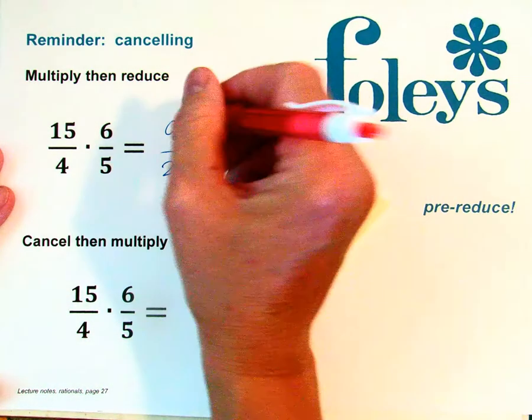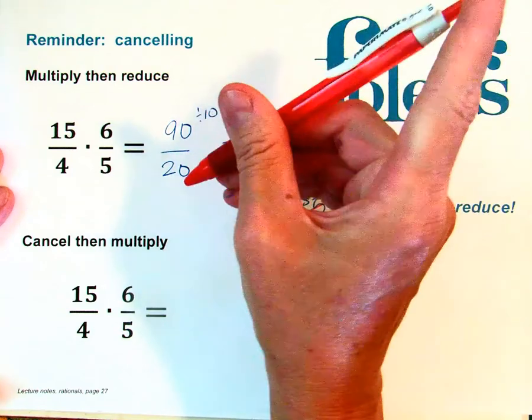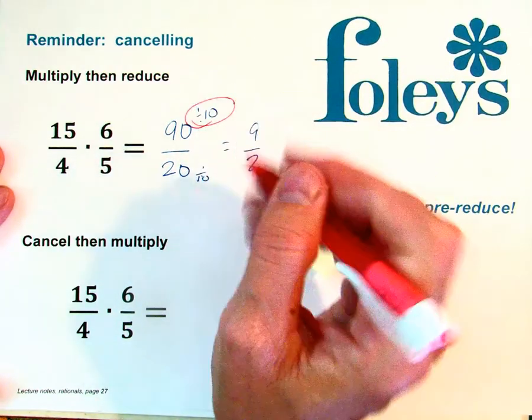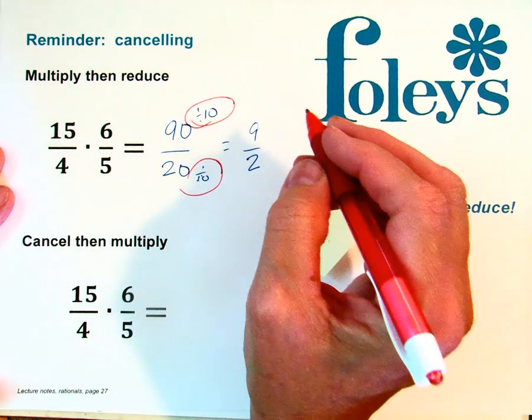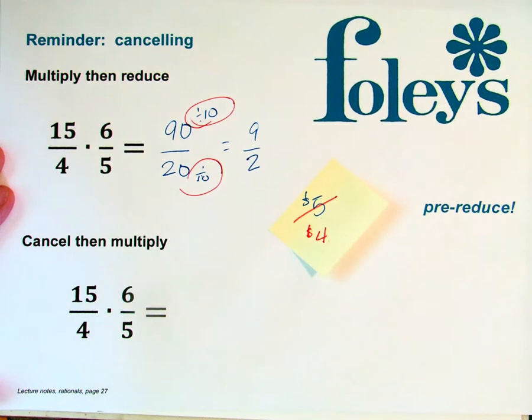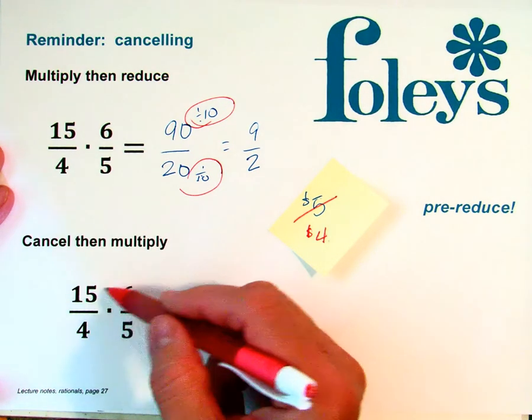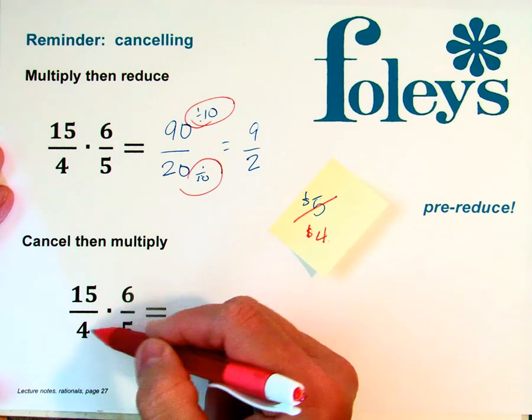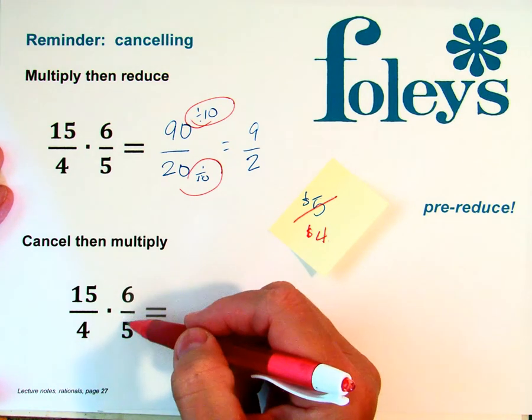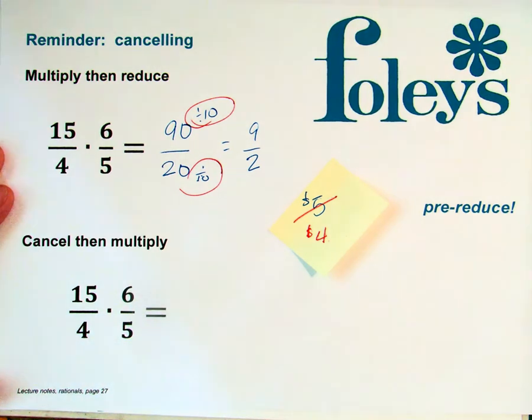Pre-reducing, in other words canceling, is when you take out the common factors first. Here, what did you do? You took out a common factor of 10, you divided by 10. You can do that first instead of last. So what would that look like? You take any number in the numerator and match it with any number in the denominator. If they have a common factor, you can divide it out.